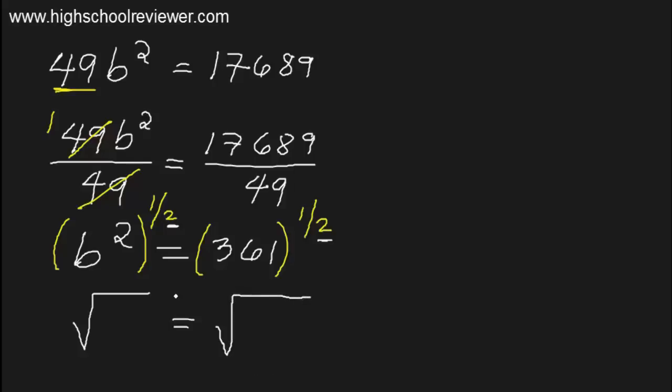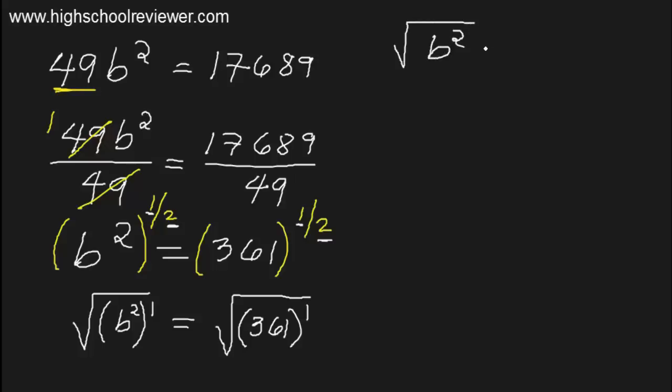Our base here is b squared. The exponent will be the numerator, and the numerator is 1, so that will be b squared raised to 1. Our base here is 361, and the exponent is also 1.